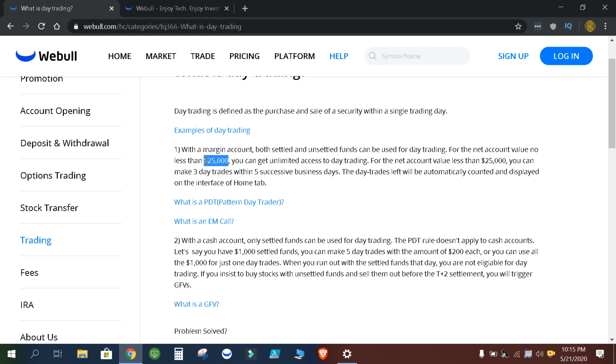So if you buy and sell a stock, buy and sell a stock, buy and sell a stock, that's it. You're maxed for 5 business days. On the 5th business day, you're still maxed, but on the 6th business day, you can initiate 3 more trades, right? However many day trades you have available within a 5 business day period, you can make those. Anything beyond $25,000, you can just have at it.